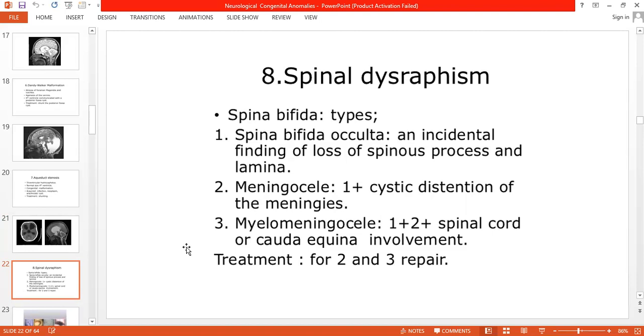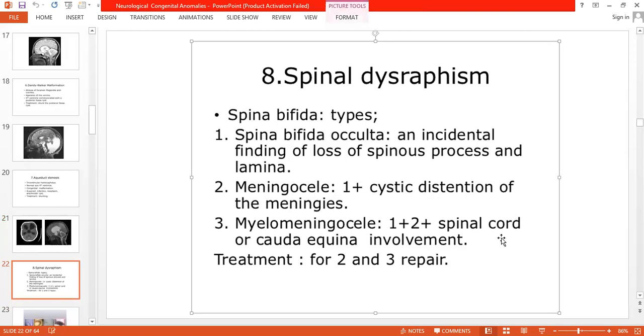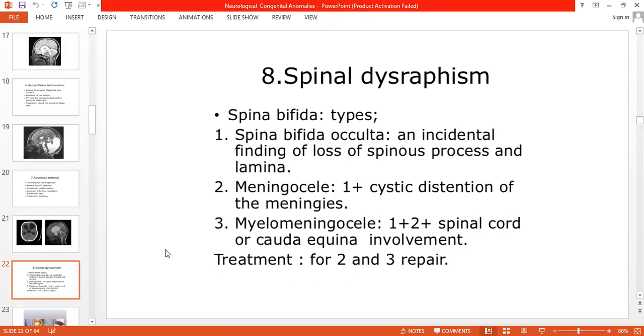In meningocele, there is a defect in the spinous processes and lamina, number one. In addition to this defect, there is also cystic distension of the meninges. In myelomeningocele, there is this defect of the spinous process and lamina, number two, the cystic distension of the meninges, and number three, spinal cord or cauda equina involvement is there.